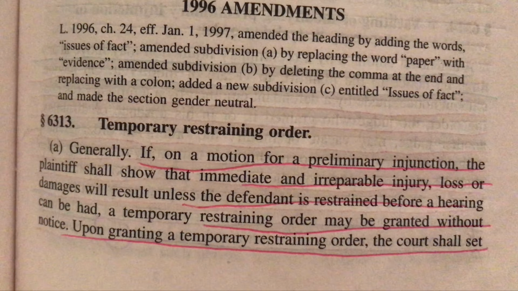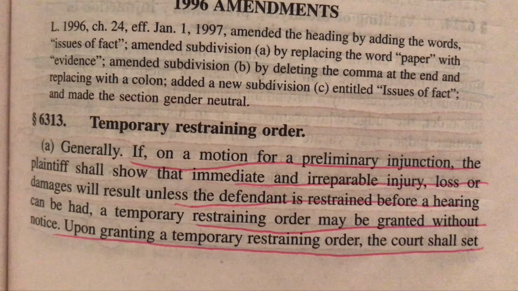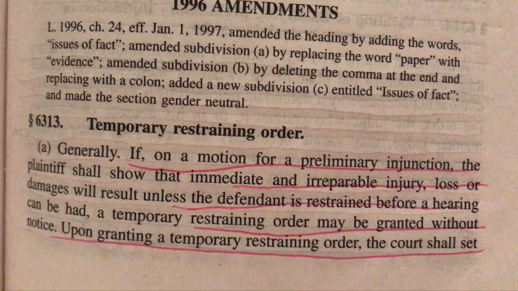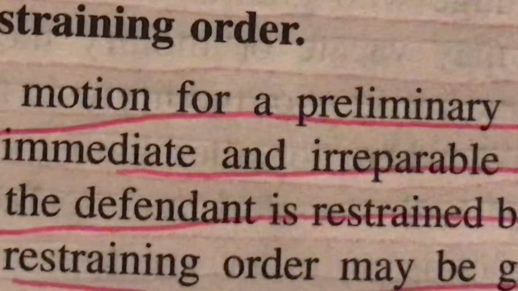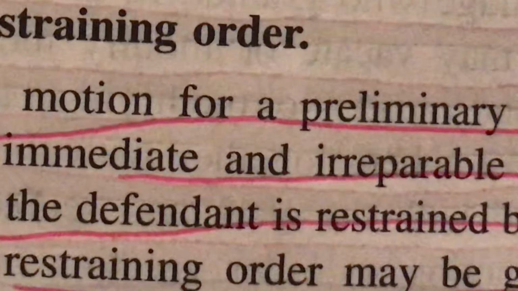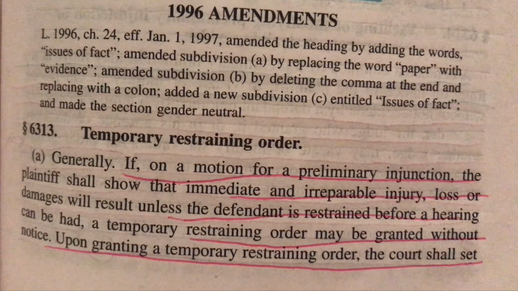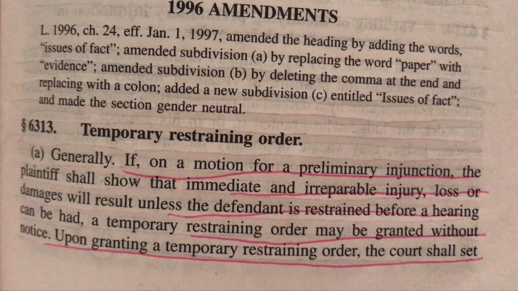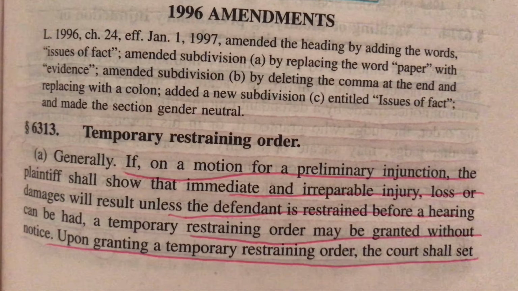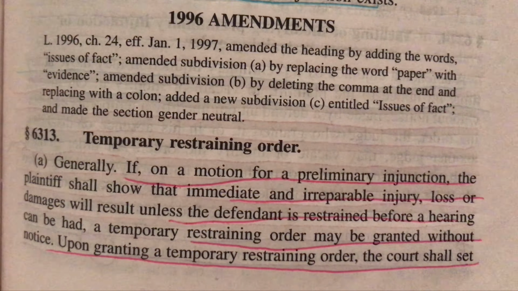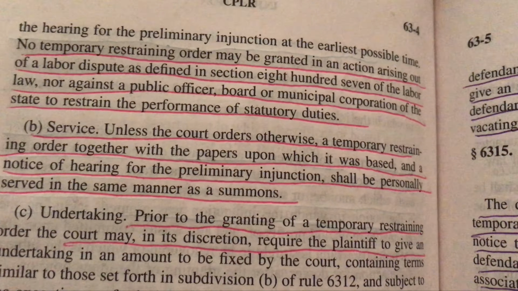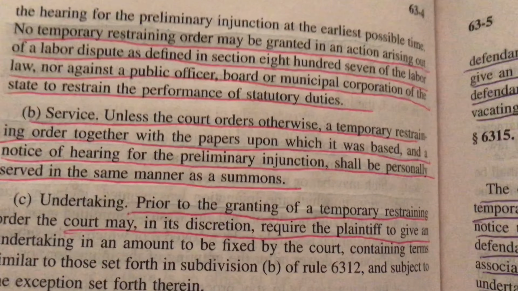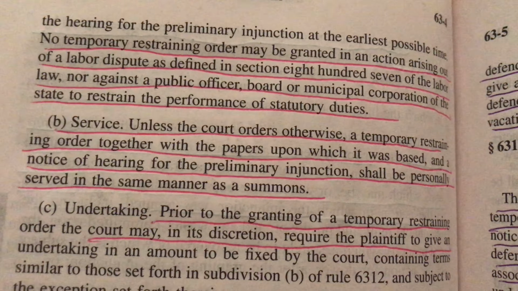6313. Generally, if on a motion for preliminary injunction, the plaintiff shall show that immediate and irreparable injury, loss, or damage will result unless defendant is restrained before a hearing can be had, a TRO may be granted without notice, ex parte. Upon granting a TRO, the court shall set the hearing for the preliminary injunction at the earliest possible time.